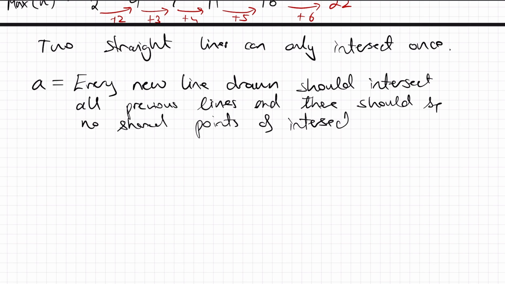What I mean by that is if we have two lines intersecting like this and draw the third line, it shouldn't intersect along there, because now we've effectively lost a region we could have had if we just did it there.